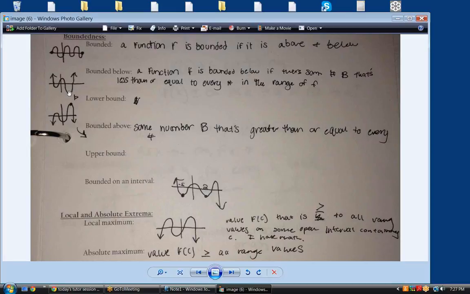In other words, if the range has some limit on either end of it, this function down here is bounded above but not below. This function here is not bounded at all, but it's bounded if you go from the interval from -5 to 2. There's the upper bound, there's the lower bound. But the function in its entire domain is not bounded.